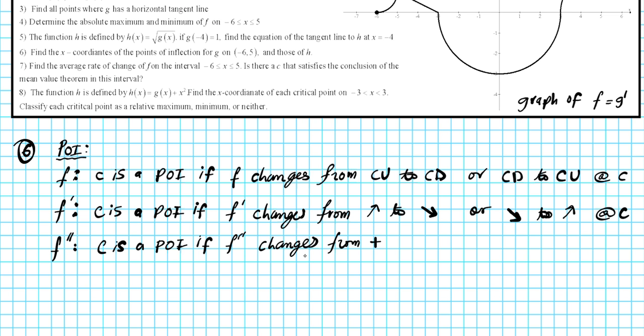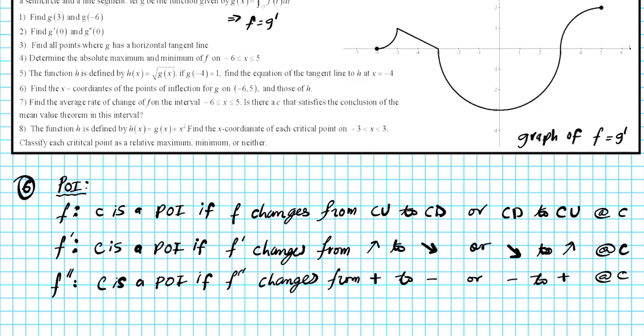So if there's a sign change in the second derivative, that basically means there's a change in the concavity, which means we have a point of inflection. Or if it changes from negative to positive at c, then we have a point of inflection there. So these are the three ways you can determine the point of inflection of a function.